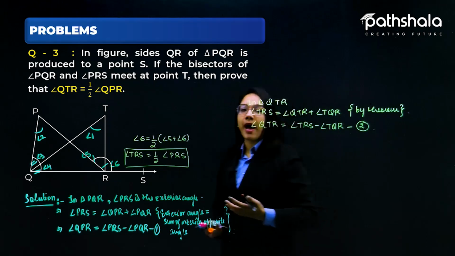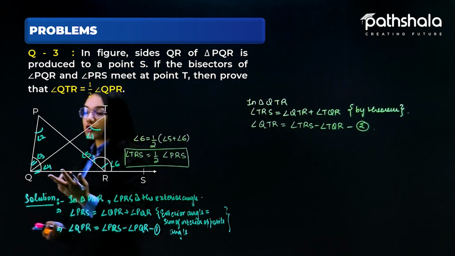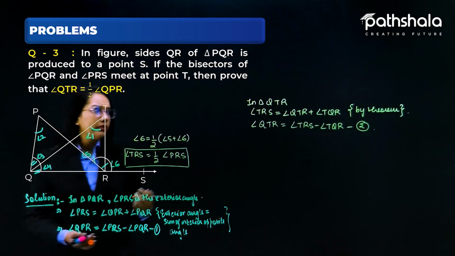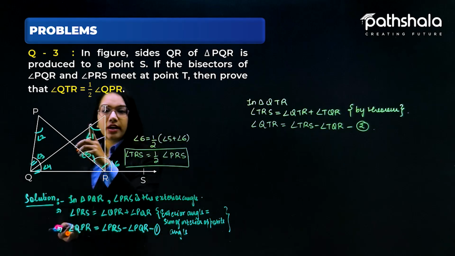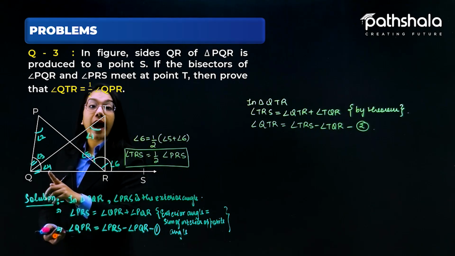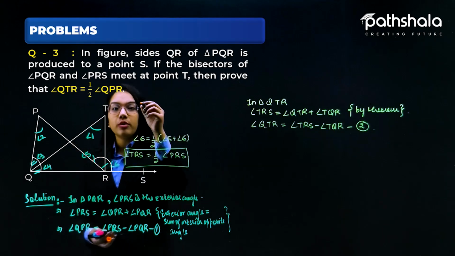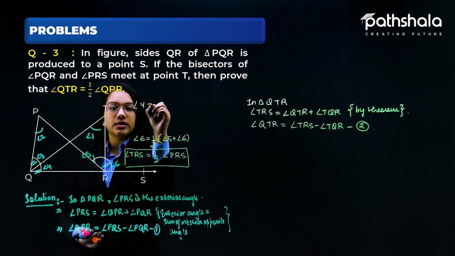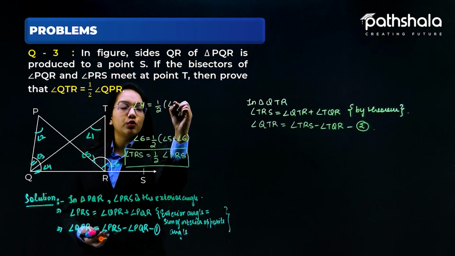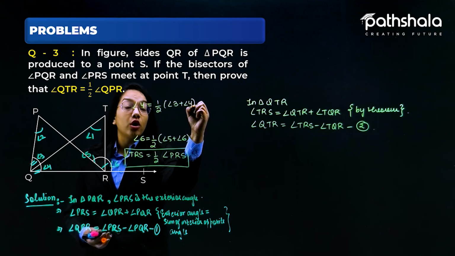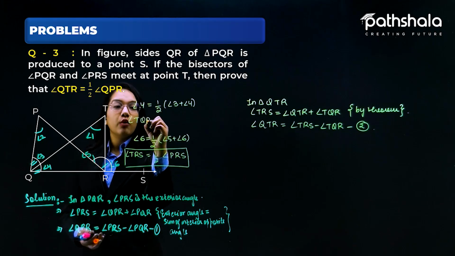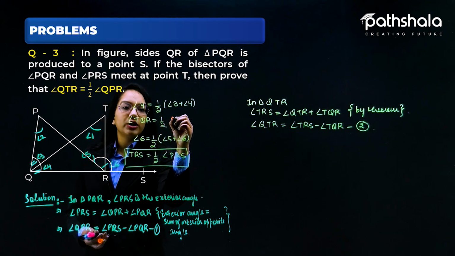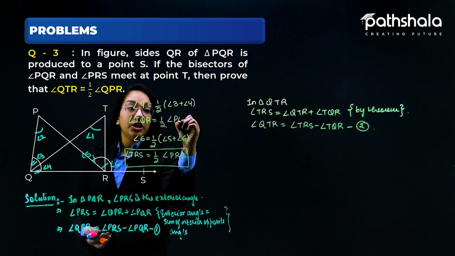In a similar manner, we have TQR, which is angle 4. Angle 4 is half of the sum of angle 3 plus angle 4, so the angle TQR is half of the angle PQR.